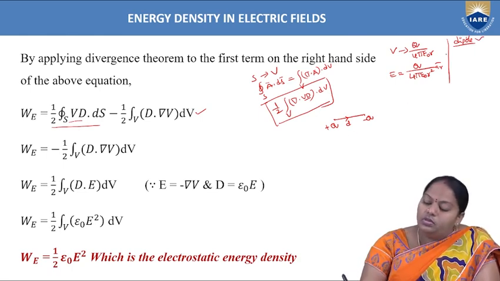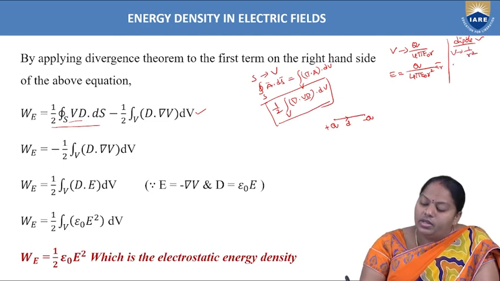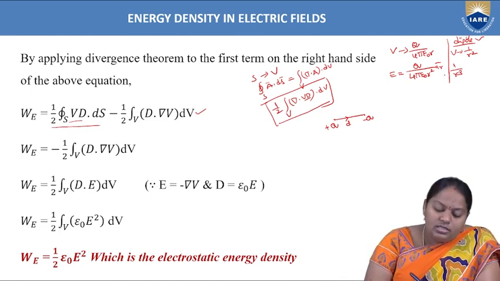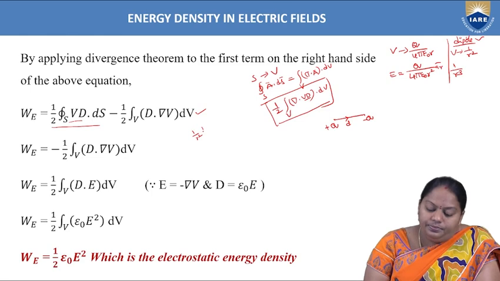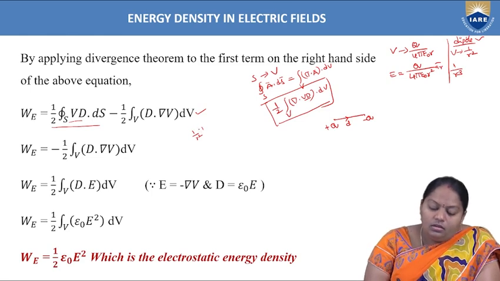For a dipole, V varies as 1 by r square and E varies as 1 by r cube, right? If you consider V and D, V varies with r square and D with r cube.